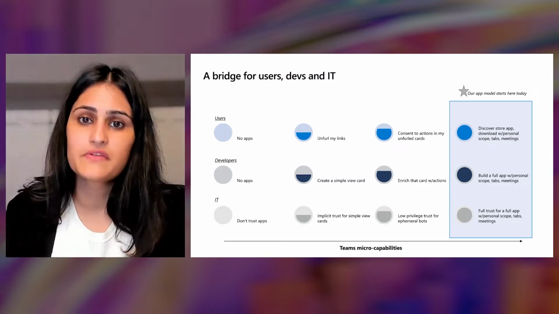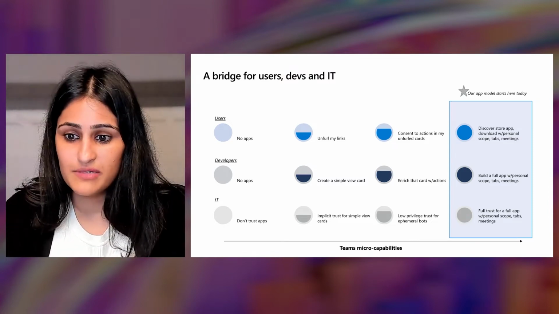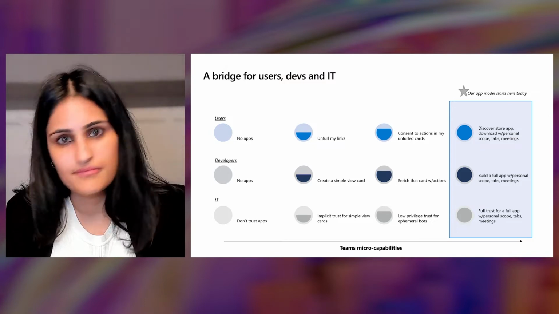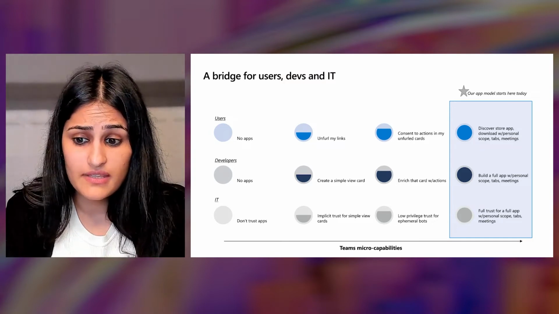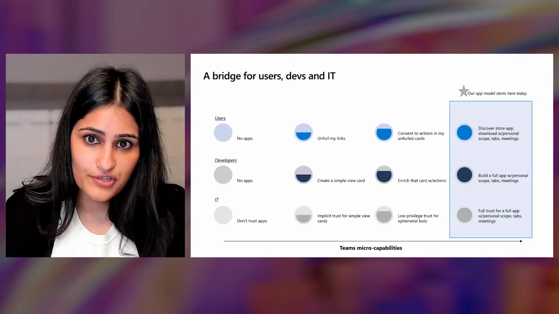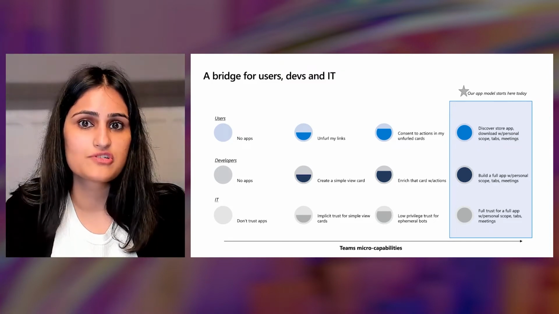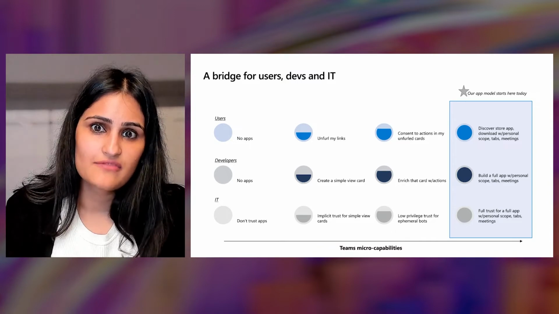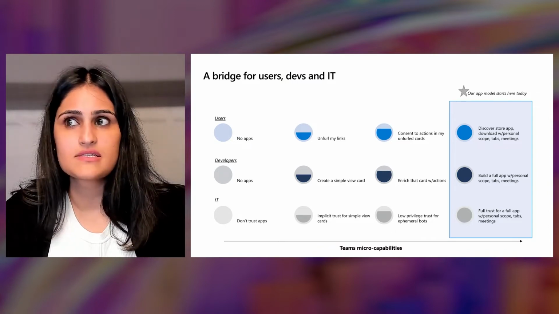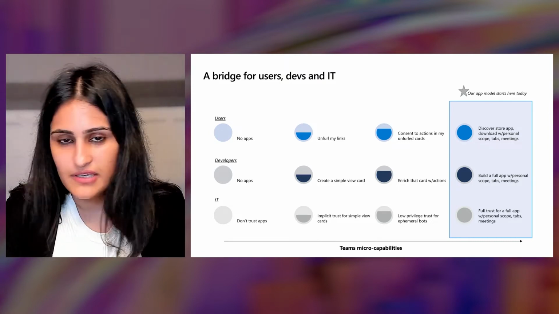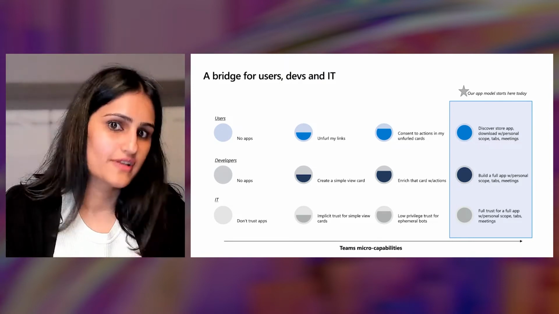Link unfurling being one of them, but then really rich other capabilities like tabs, message extensions, etc. Now, for developers, for you, it involves building a full Teams app leveraging all of these different scopes, and then for IT admins as well, a ton of trust is involved in terms of enabling these third-party experiences for their tenants.